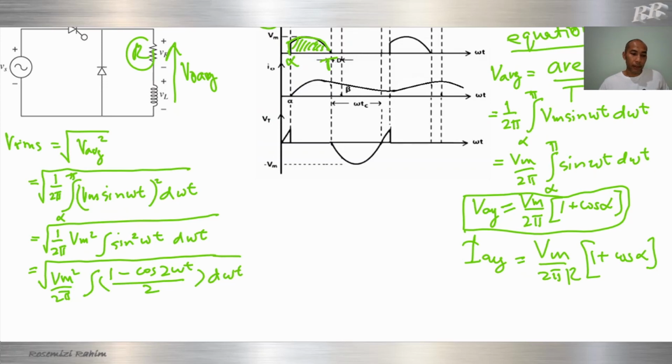Finally, when we solve this equation, VRMS will be equal to Vm over 2 times the square root of 1 minus alpha over pi plus sine 2 alpha divided by 2 pi. This is our VRMS.